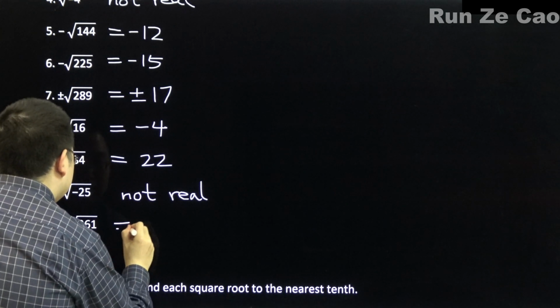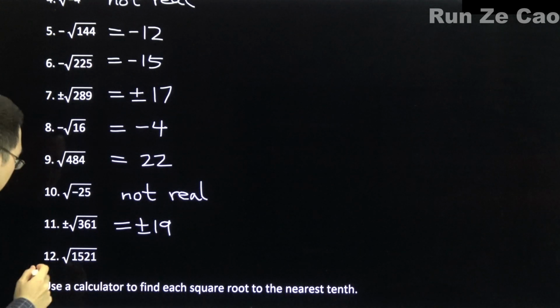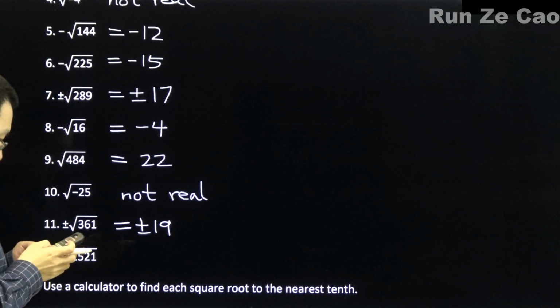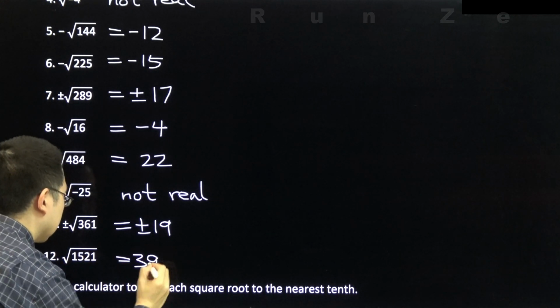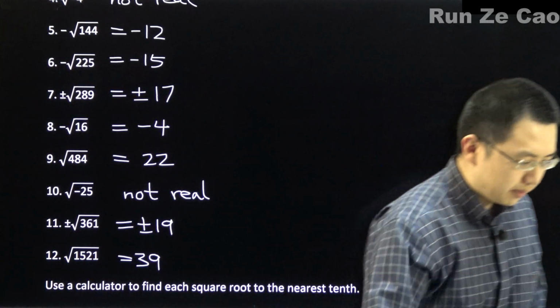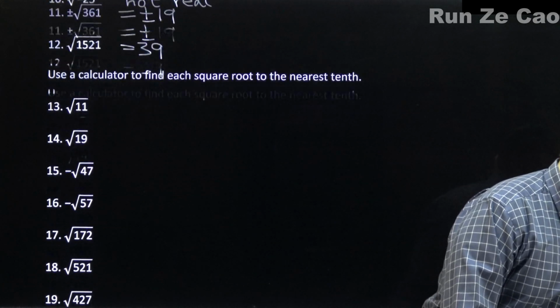And that's going to give us plus minus 19 here. And 1521 square rooted gives us 39.